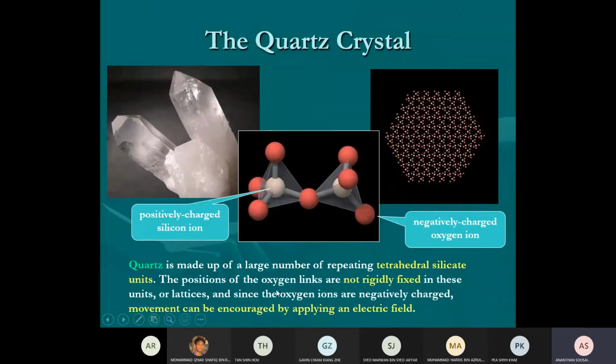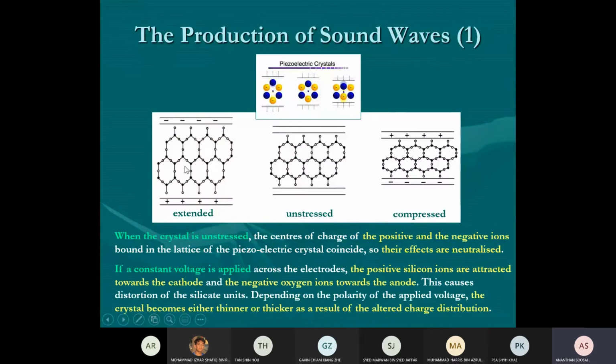When the crystal is exposed to vibration, pressure, the crystal will start to extend and compress. When the crystal extends, a different polarity will happen. Up may be negatively charged, down positively charged. Because of the parallel plates, this creates a voltage.